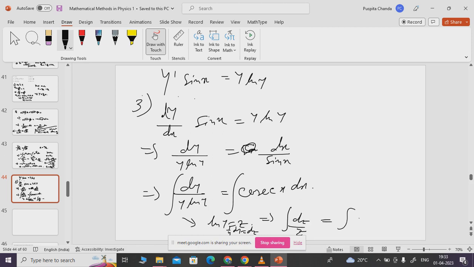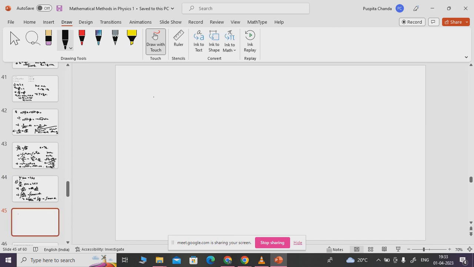So for this part we will take ln y is equal to z. So it will become 1 by y dy is equal to dz. So it will become dz by z, and this is cosec x dx.